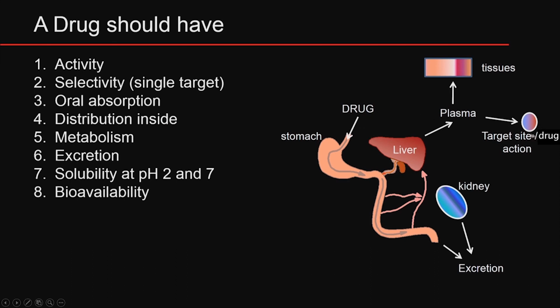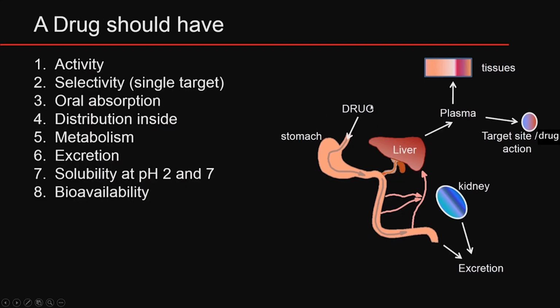Otherwise the doctor has to prescribe a much higher dose, which can lead to toxicity in the stomach or liver, but it may not act at the target site because it is not reaching the minimum inhibitory concentration.